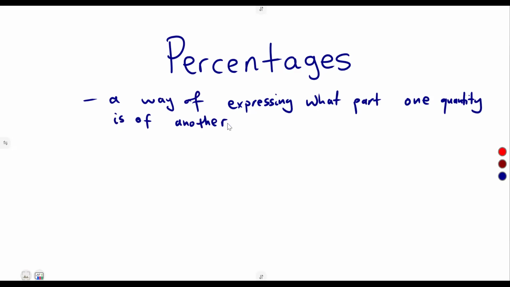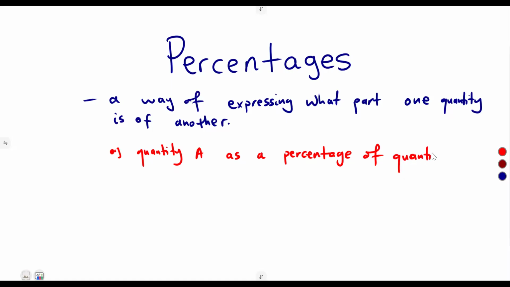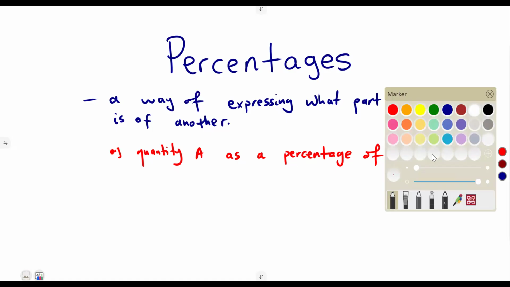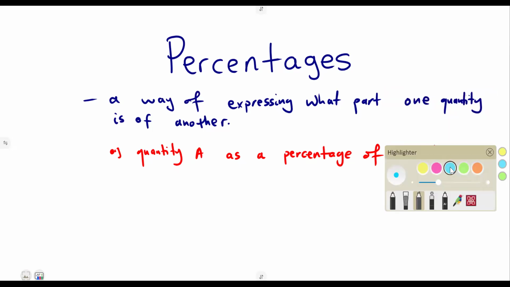So if we are to consider quantity A as a percentage of quantity B, how is this going to happen?